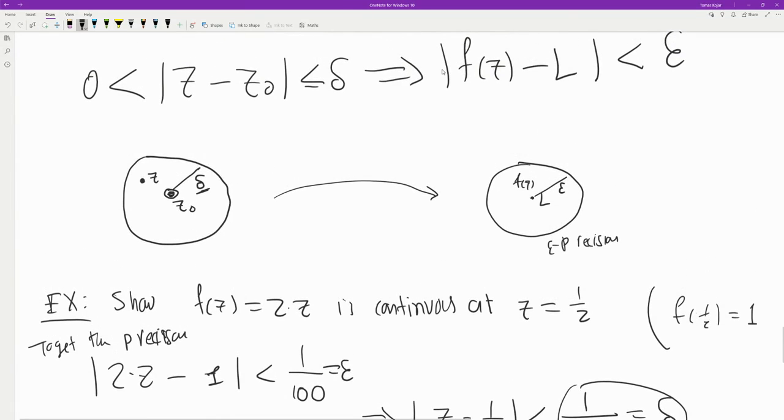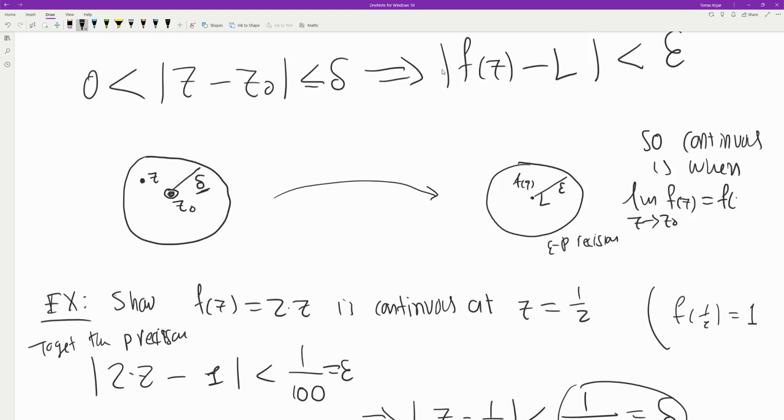Let me define continuity. So continuous is when the limit as z goes to z naught is equal to the value at that point. And the motivation is what I wrote here.